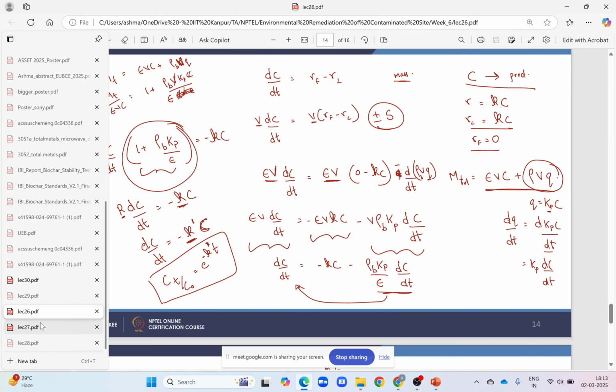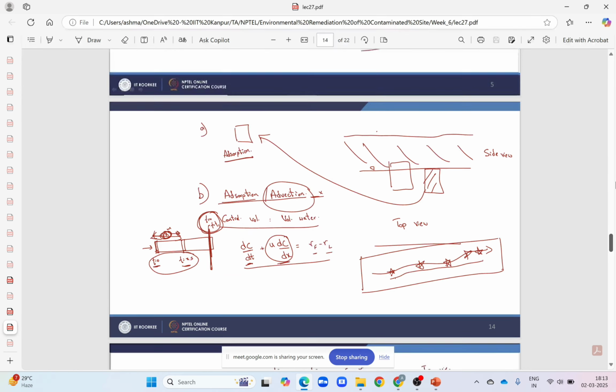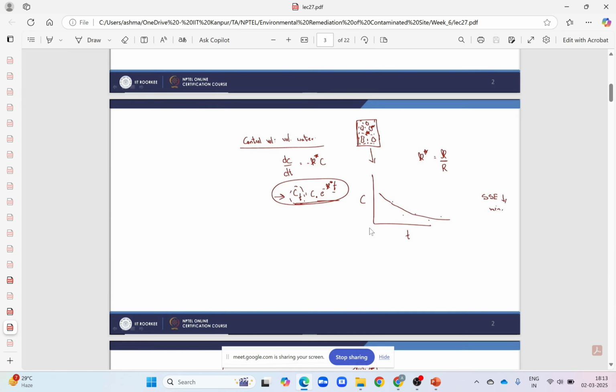So now let's go to lecture number 27. So here the equation is derived by considering both advection and adsorption.